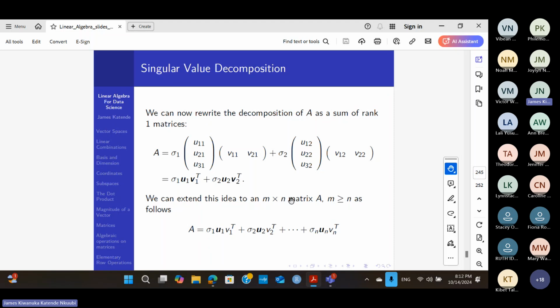If you think in a more general case where you have an m by n matrix, this expansion can extend to more than 2 vectors. If you have a total of n vectors, then you can set this up. You'll stop at n because remember we said m is bigger than n, so n is the smaller of the two.